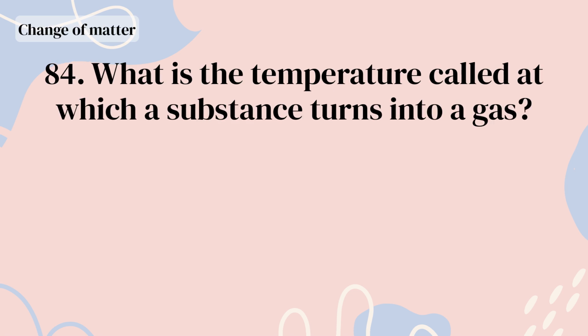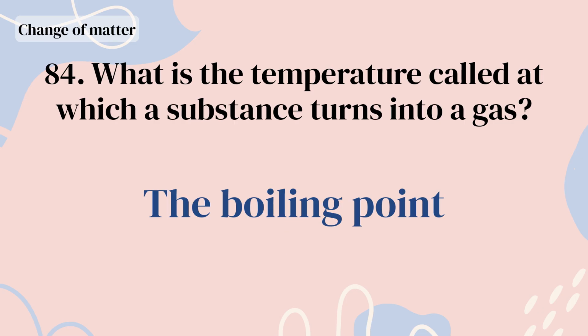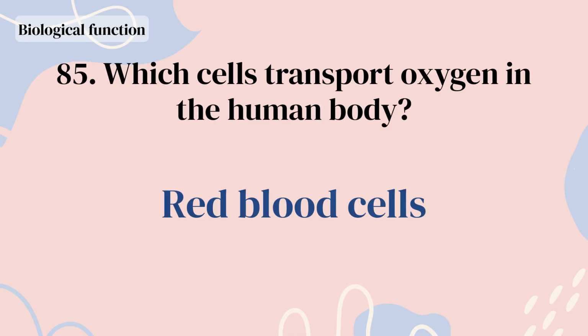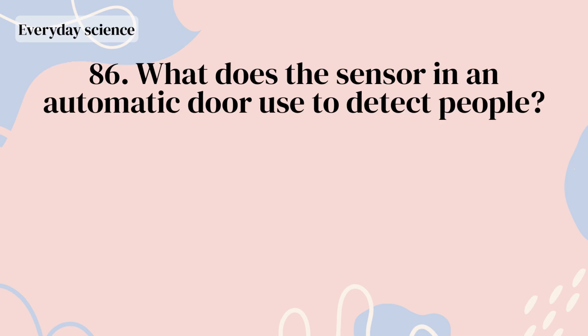What is the temperature called at which a substance turns into a gas? The boiling point. Which cells transport oxygen in the human body? Red blood cells. What does the sensor in an automatic door use to detect people?